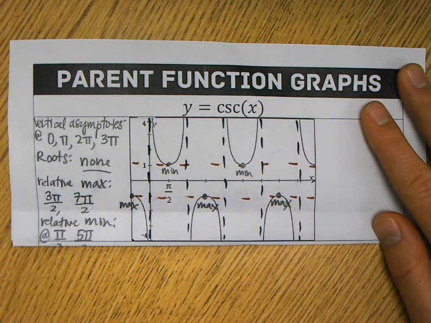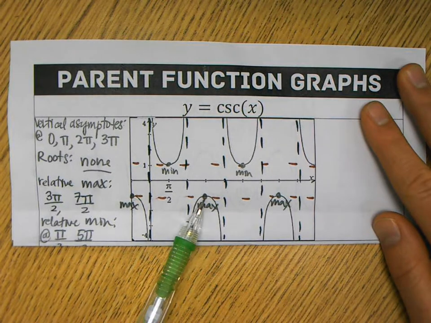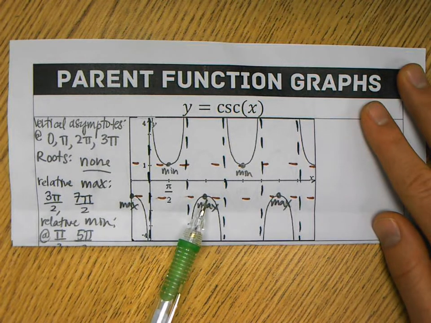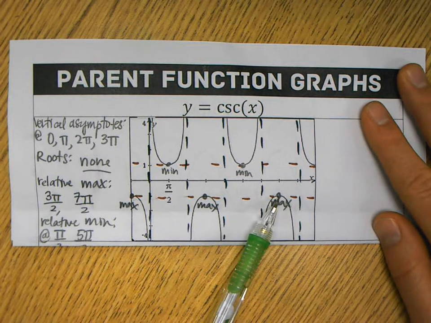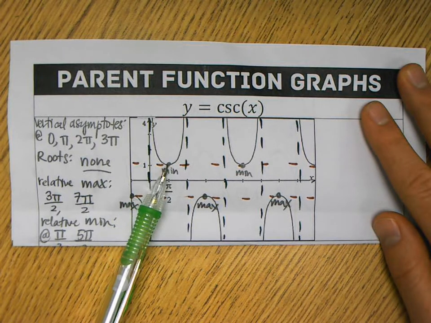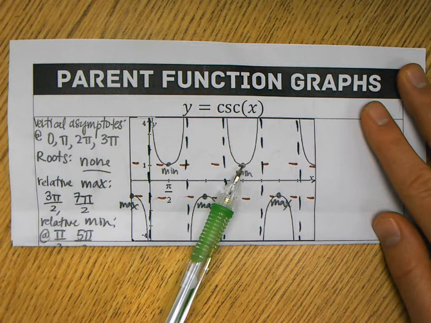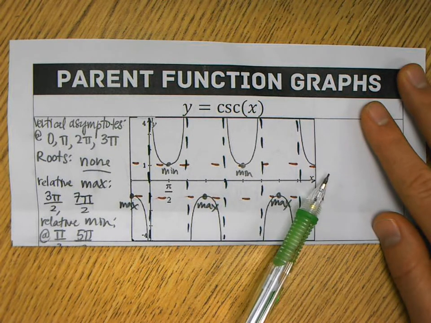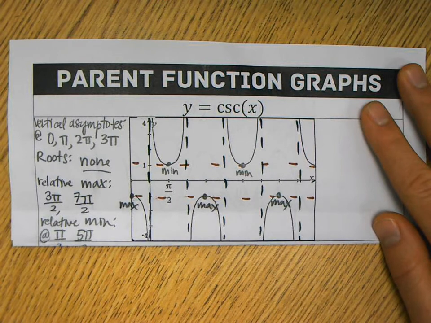The coordinates of the relative maximum points, the maximums are occurring here and here. There's one here as well. So that would be like negative pi over 2, 3 pi over 2, 7 pi over 2. It has relative minimums above the x-axis at pi over 2, 5 pi over 2, and it would also be like 9 pi over 2 over here.